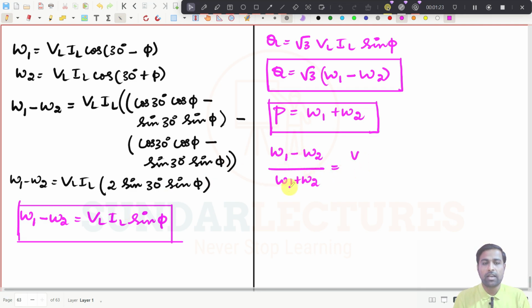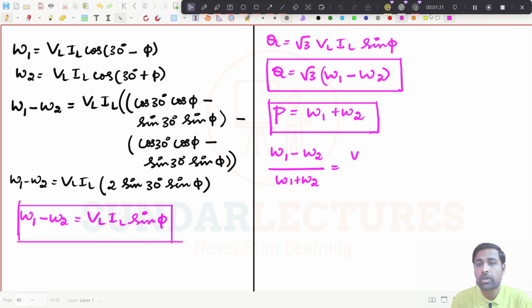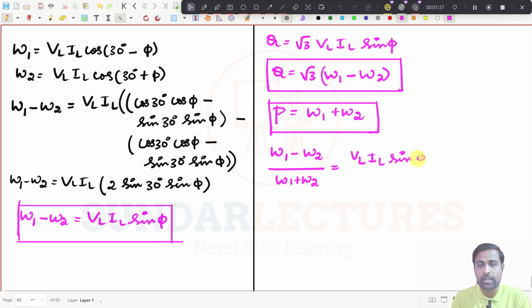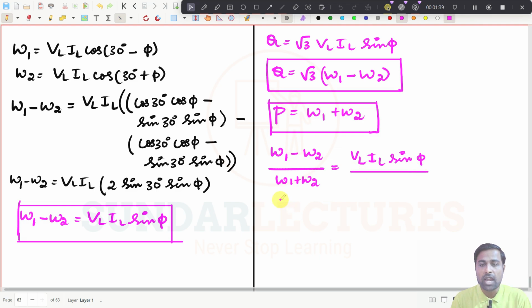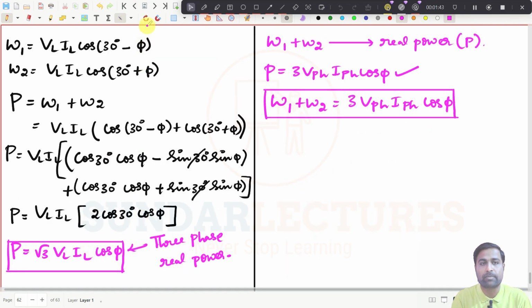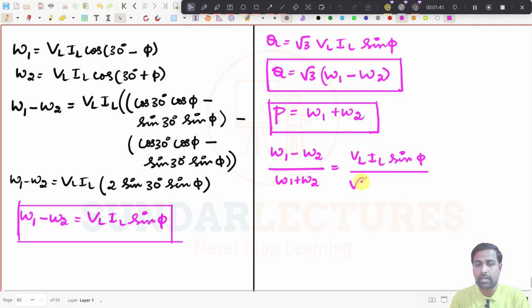It is VL IL sin phi. That is W1 minus W2. And what is W1 plus W2? It is root 3 VL IL cos phi.